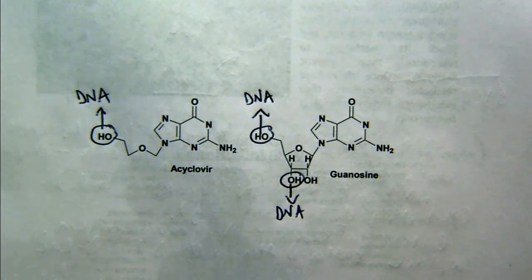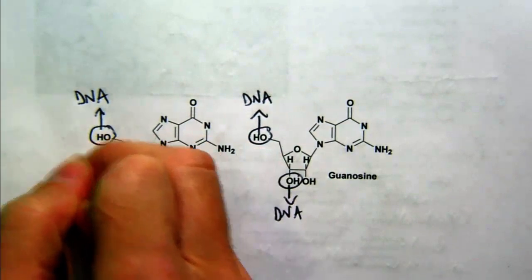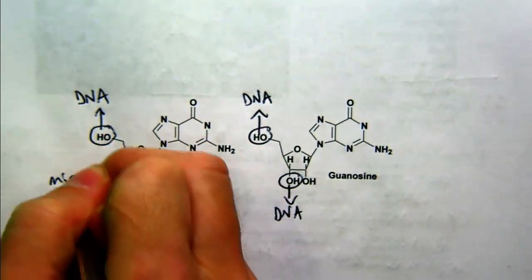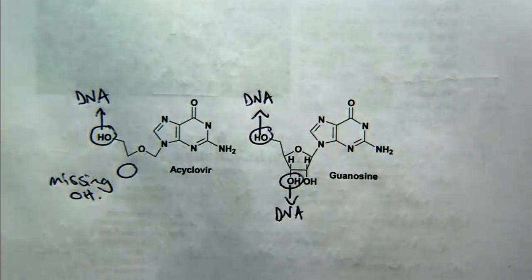And I've deliberately drawn Acyclovir in a suggestive way. You can see the bottom of that ribose ring, the bottom of the sugar ring, is missing in the Acyclovir. There's nothing in the bottom part of the molecule to carry on the DNA chain. So what we have here is a missing OH.